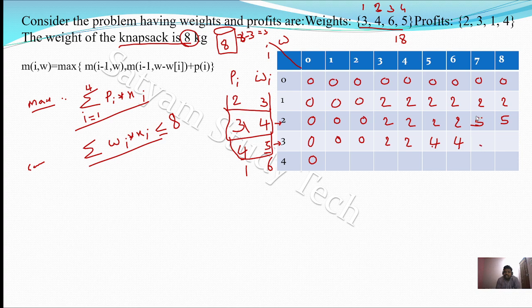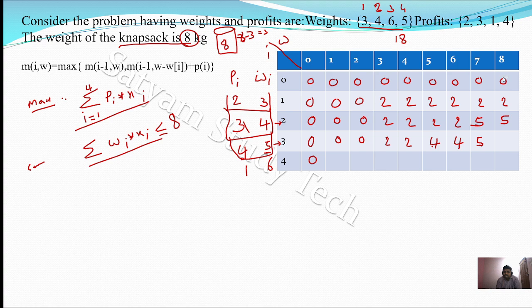For example, now the bag capacity is 7. Here 5 plus 3 is 8, 5 plus 4 is 9, but 4 plus 3 is 7. So you can consider these two objects and get the profit 5. Already 5 is there in the previous row, so you can note down the 5 here.